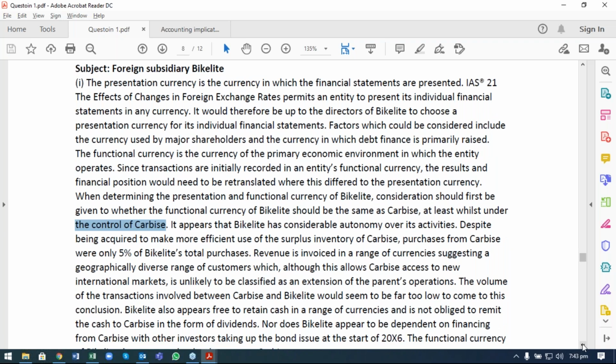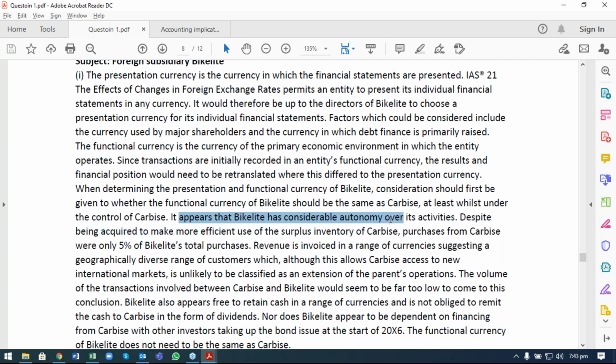So it appears that Backlight has considerable autonomy over its activities. It's not depending upon the parent company, not getting dictation from its parent on how the operation should be run. That simply means that Backlight is not bound to use the parent currency as its functional currency or presentation currency.